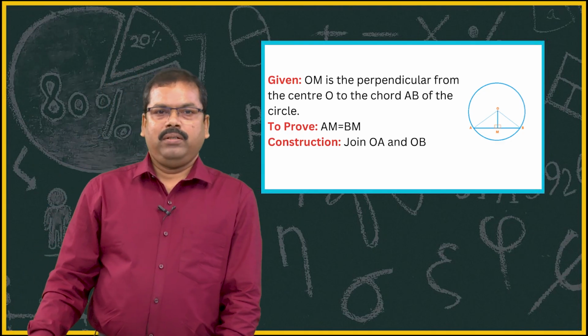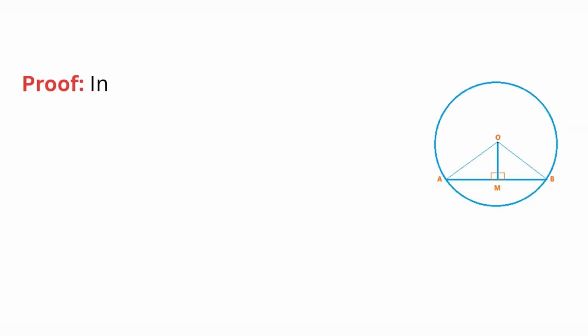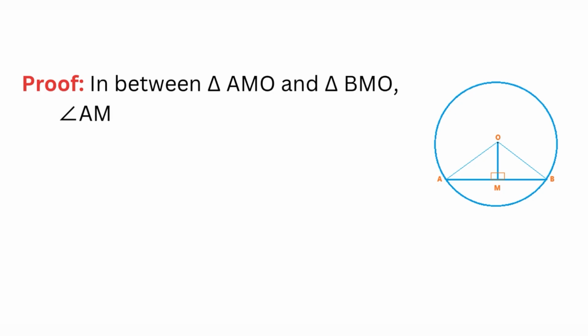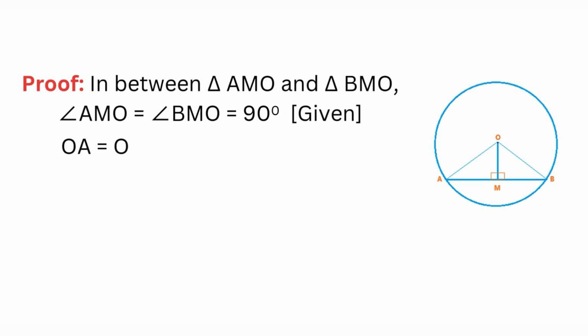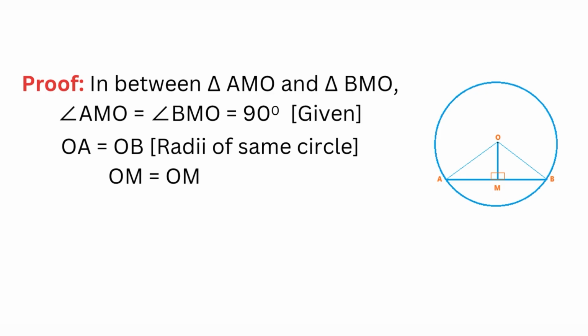Come to the proof part. In triangle AMO and triangle BMO, angle AMO is equal to angle BMO. Why? It is 90 degrees. Both the angles are 90 degrees. And OA equal to OB, radii of the same circle, and OM equal to OM, which is common to both the triangles.